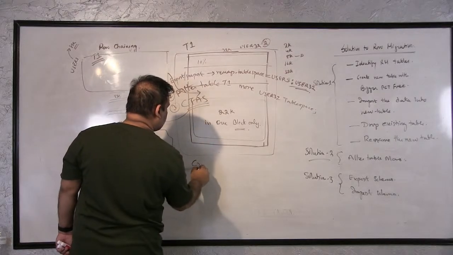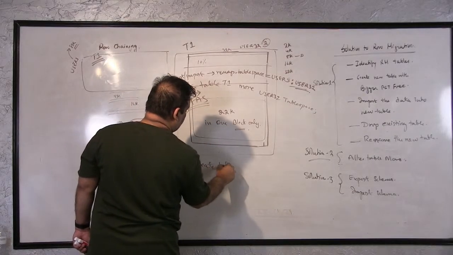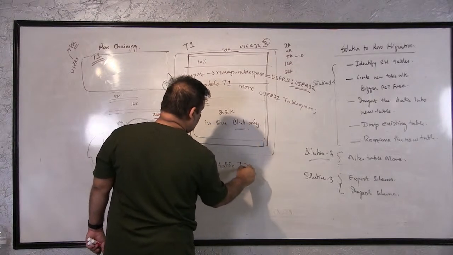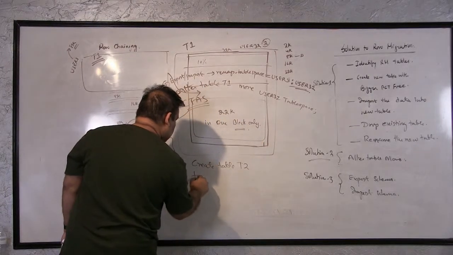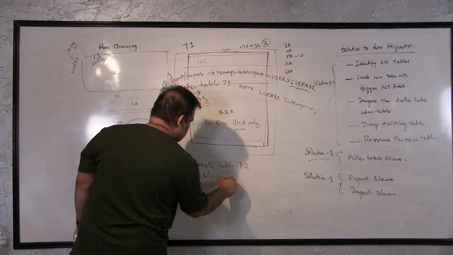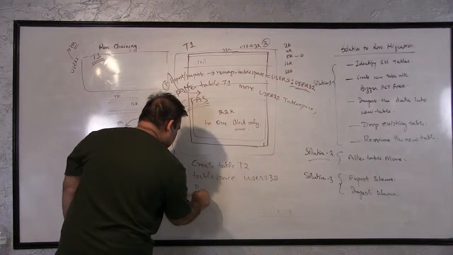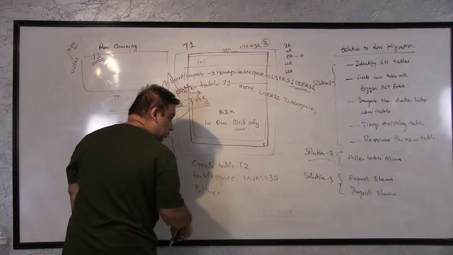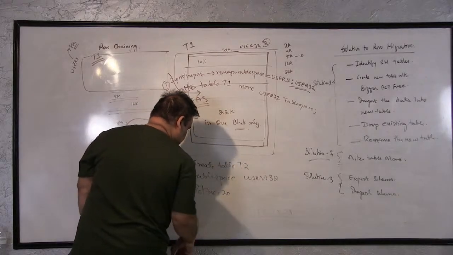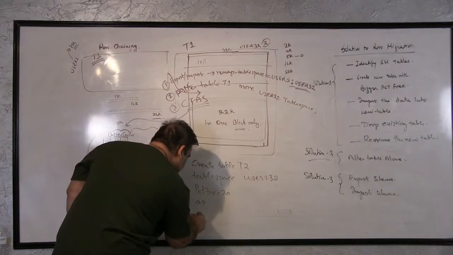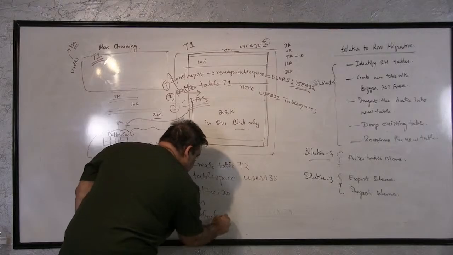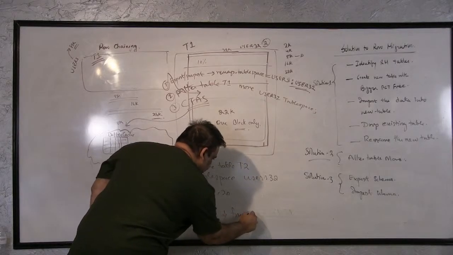The CTAS method is, you will say create table T2 tablespace users32, PCT free if you want to add more data, so maybe 20%, as select star from T1.